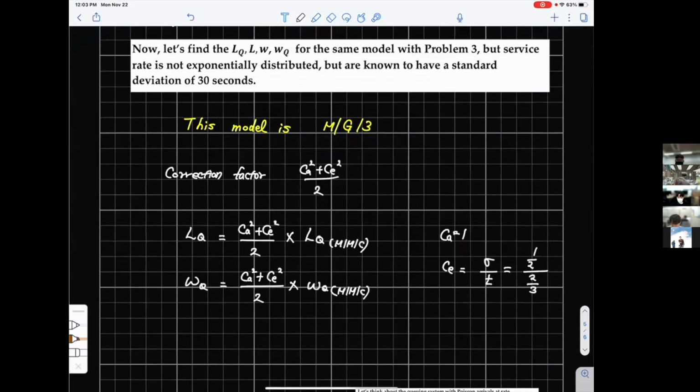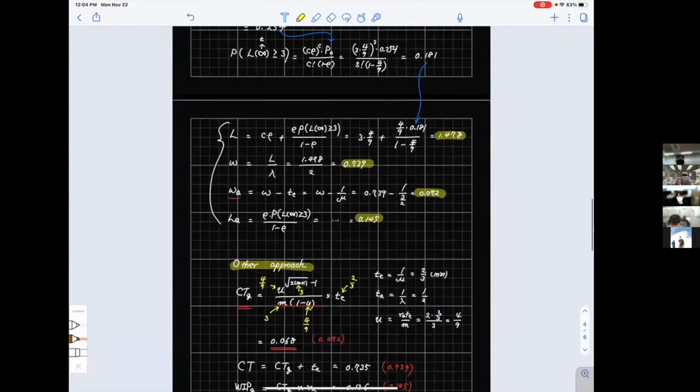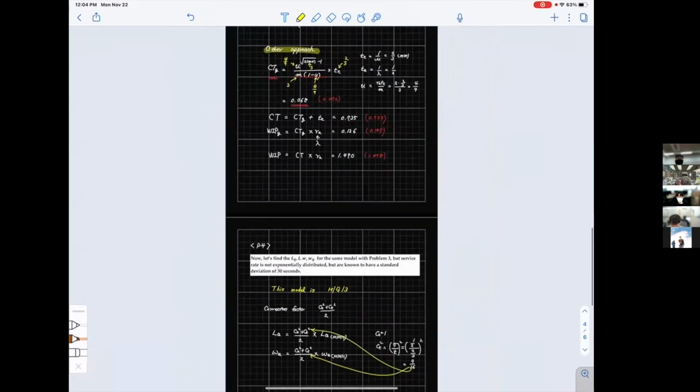So this squared becomes 9 over 16. Just put these numbers here and here, and we are borrowing these two values to here.